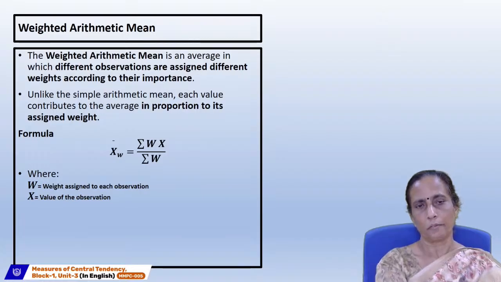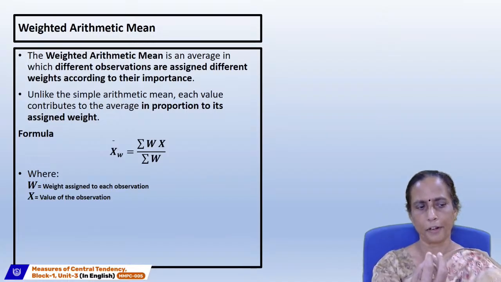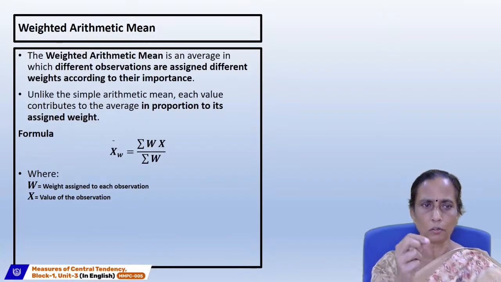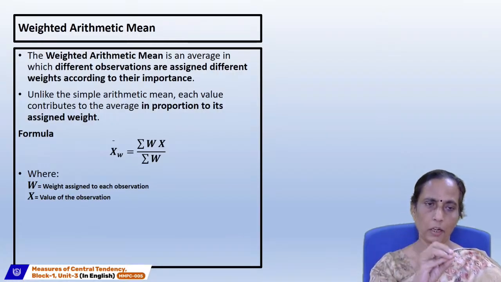So next is the weighted arithmetic mean, an average in which different observations are assigned different weights according to their importance. Unlike the simple arithmetic mean, each value contributes to the average in proportion to its assigned weight.